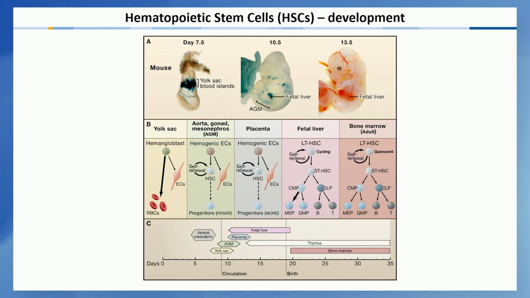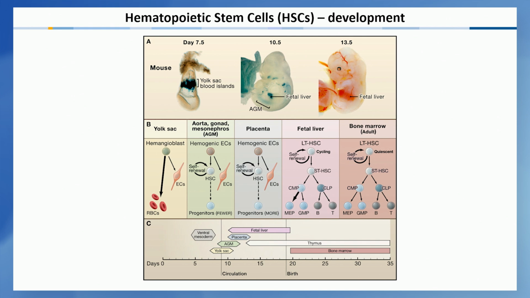So the first real adult type of blood stem cells are formed in the dorsal aorta, also called aorta gonad mesonephros, or AGM region, which you can see after 10.5 days during mouse development. It's shown in the middle here, with the dark blue being the fetal liver and the AGM region.